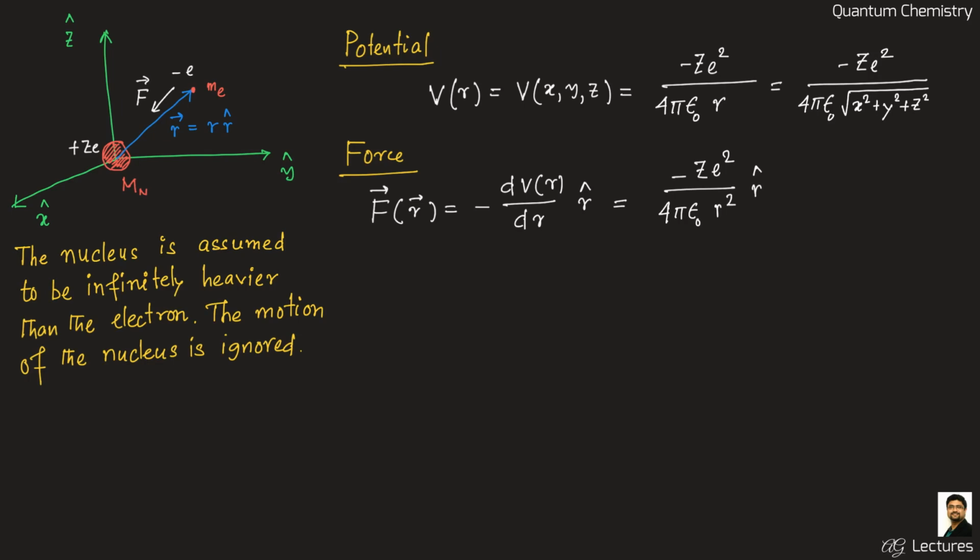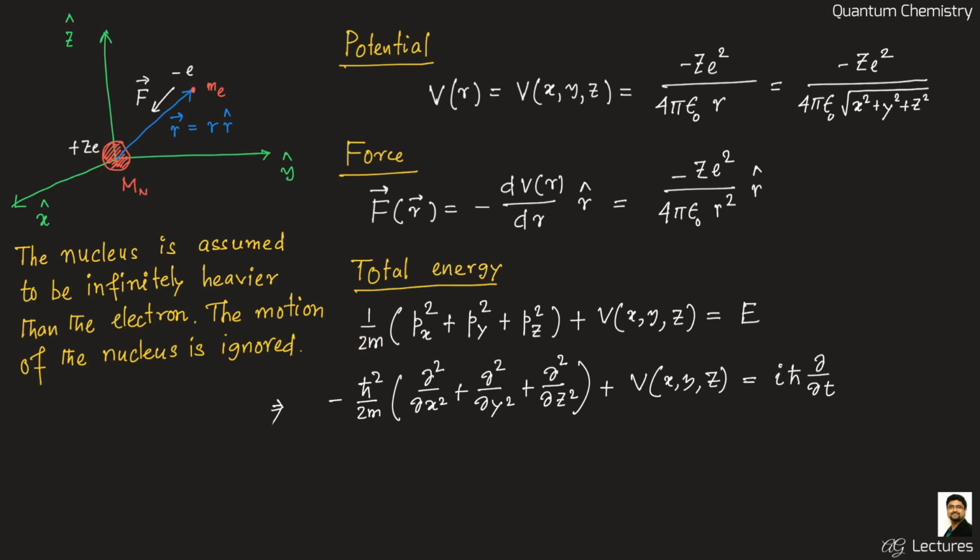We can also write the total energy in terms of the internal coordinates x, y, and z. So we have px squared, py squared, and pz squared, where px, py, and pz are the x, y, and z components of the momentum of this electron, and we have the V(x, y, z) already written here, and E is the total energy.